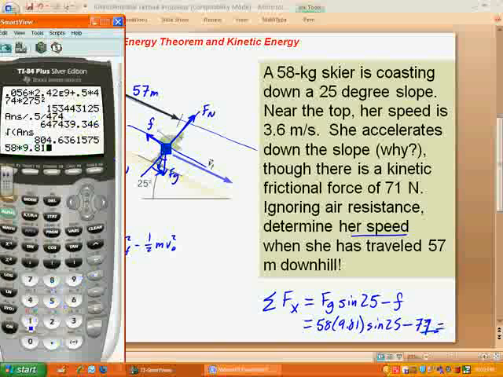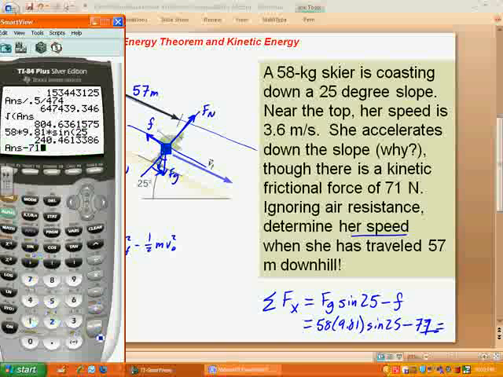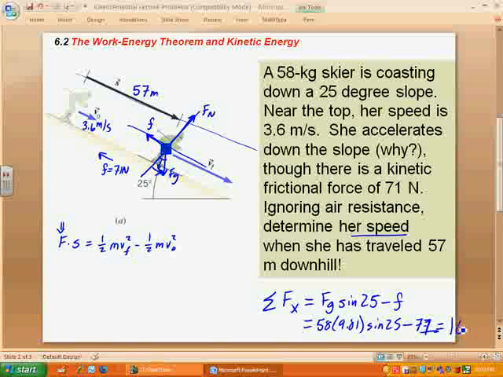That's why he's accelerating down the hill, right? Because the force of gravity is stronger than the force of friction. Times the displacement, which is 57 meters, equals 1/2 times mass times the final velocity squared, final speed squared, which is what we're looking for, minus 1/2 times the mass times the initial speed, 3.6 squared. Okay, so let's go ahead and plug those numbers in.